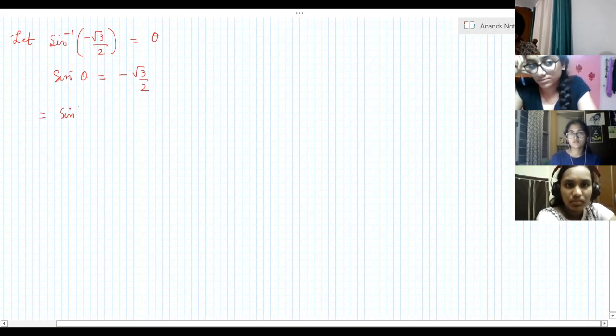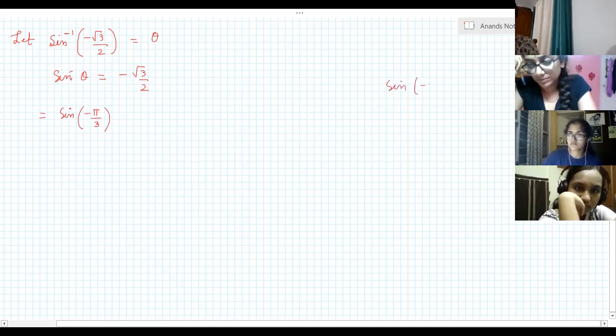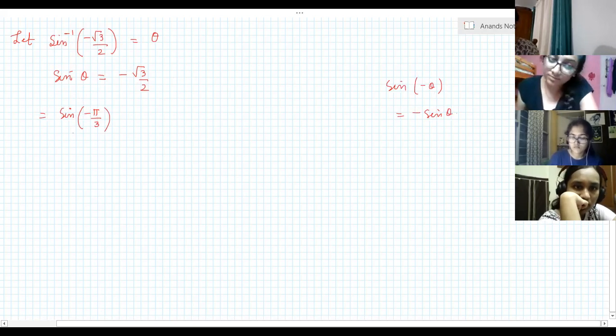Sine of what is going to give minus root 3 by 2? Simply you can say sine of minus 60, because we do know that sine of minus theta is minus sine theta. Can you do that? Okay. So sine of minus pi by 3, that theta value is minus pi by 3, is equal to minus root 3 by 2.